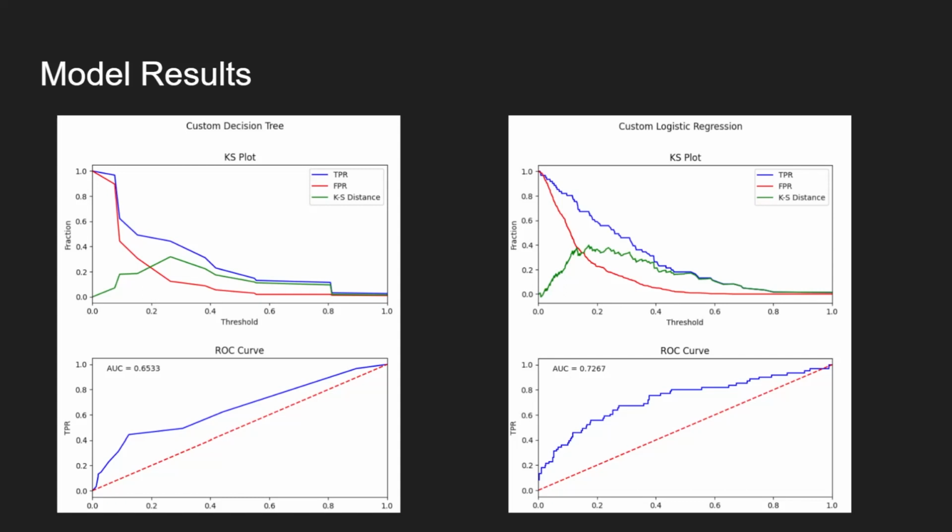However, our implementation had fewer hyperparameters, and therefore it couldn't find as precisely good a model for this specific task as the pre-made models. You can see the decision tree ROC curve is a little flat. The AUC there is 65, whereas we were previously operating somewhere in the 75 range.